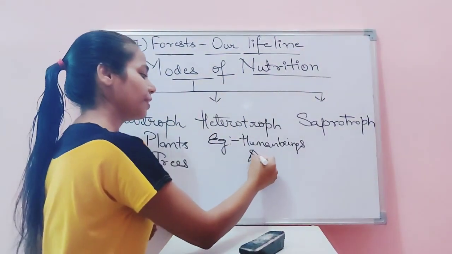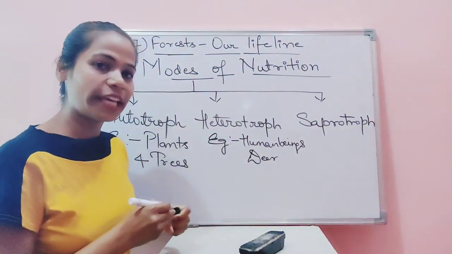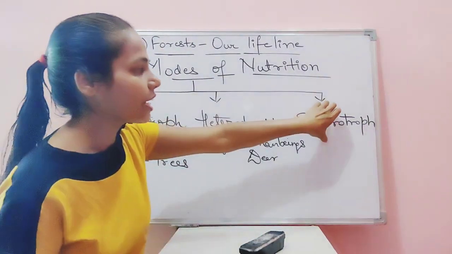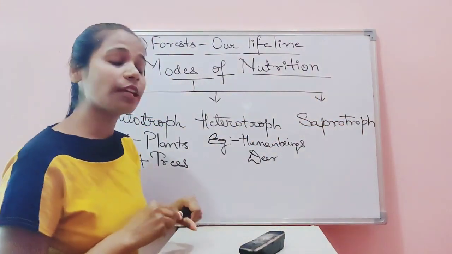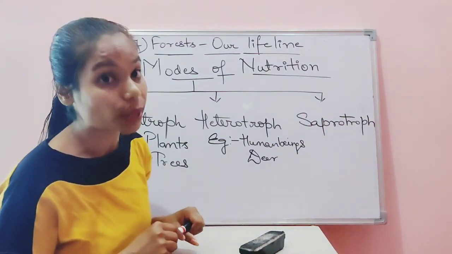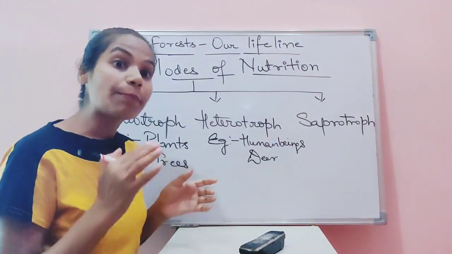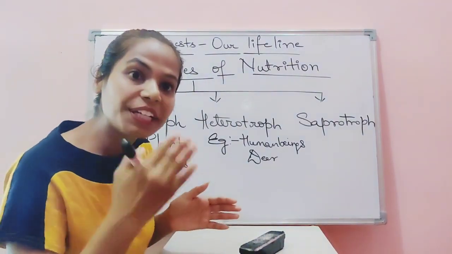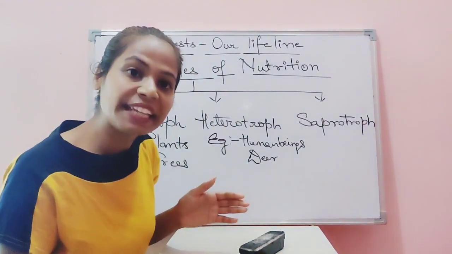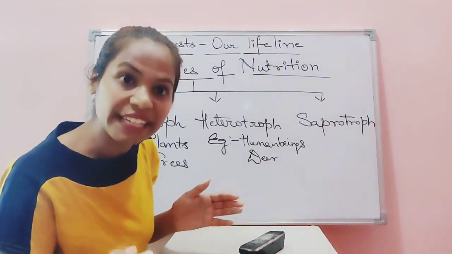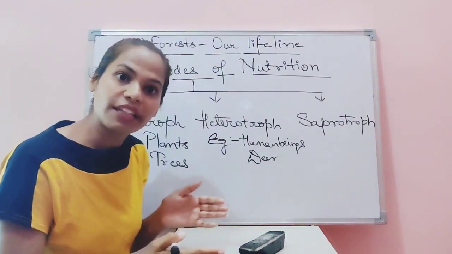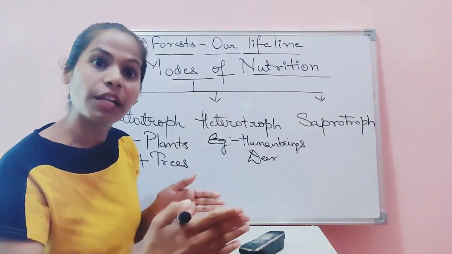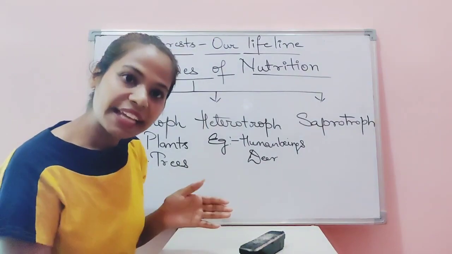Say deer. After that we have the saprophytic mode of nutrition, that is saprotroph. Saprotrophs are the organisms which are dependent upon the dead and decaying matter of organic things. That organic thing, children, could be an animal, it could be a plant, anything.